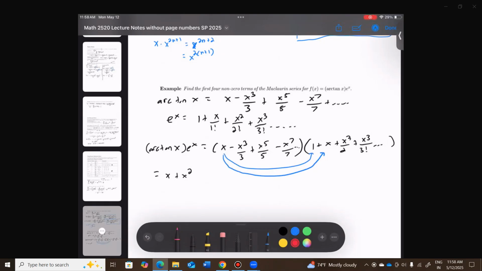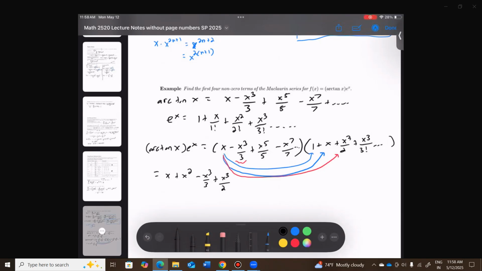We'll have minus x cubed over 3 times 1, and x times x squared over 2. Right, and so minus x cubed over 3 plus x cubed over 2. Right, and they will have to go together.